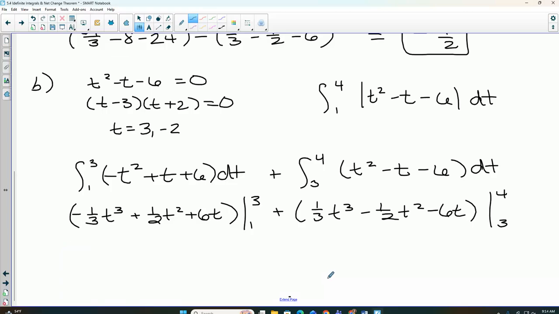They're the same except signs, and we plug in. So 3 to the third is 27 times -1/3, -9. 7 halves, 18.